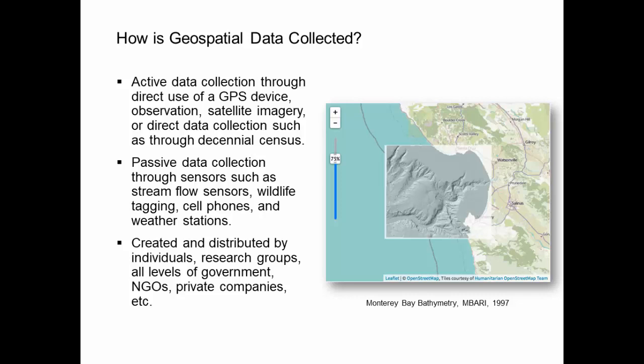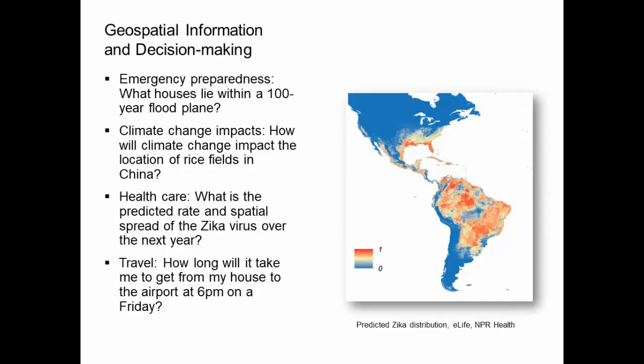They're also created actively through things like the Census Bureau research or perhaps direct observation. Geospatial information is used to answer a broad array of questions, everything from emergency preparedness to healthcare, from environmental impacts to the movement of people and things.